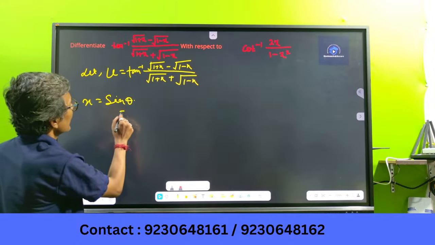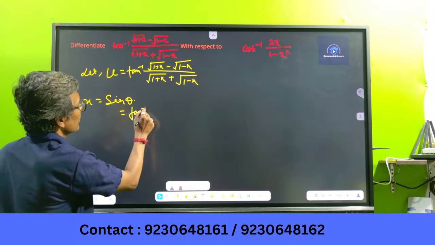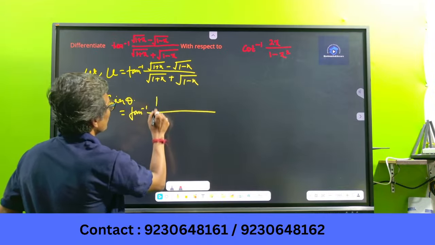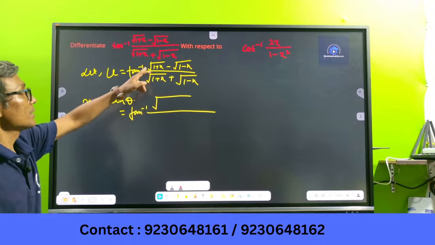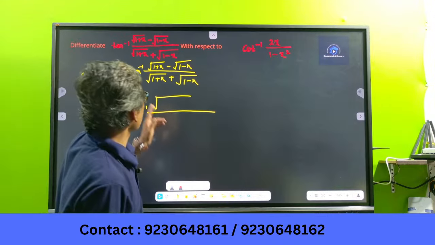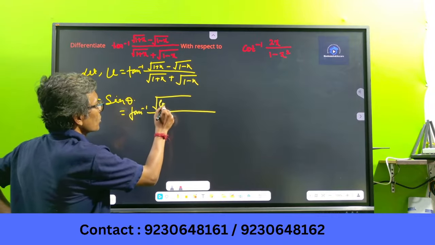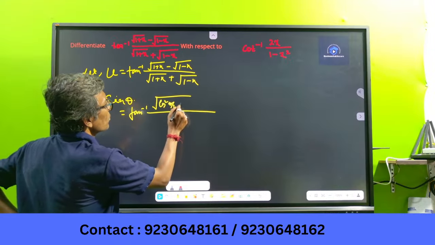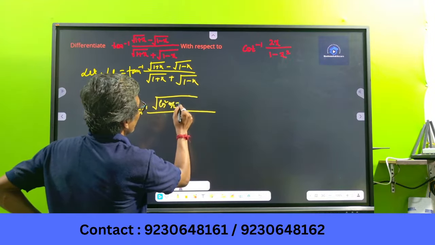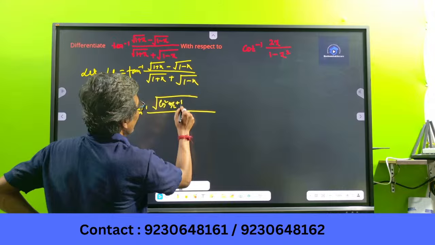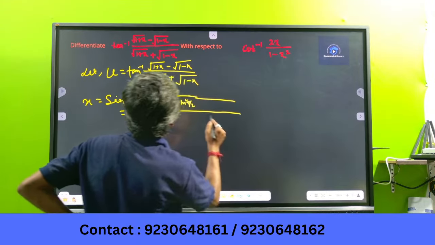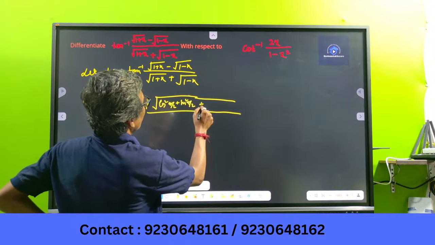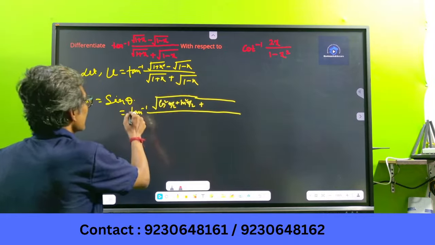So then tan inverse root over of, instead of 1 we can put cos square theta by 2 plus sine square theta by 2, plus x means sine theta.